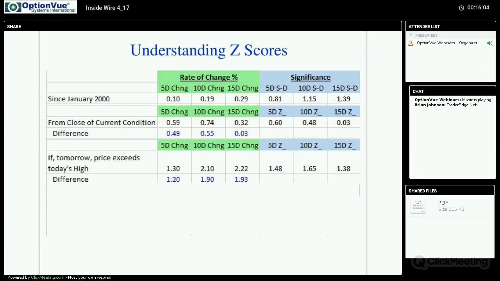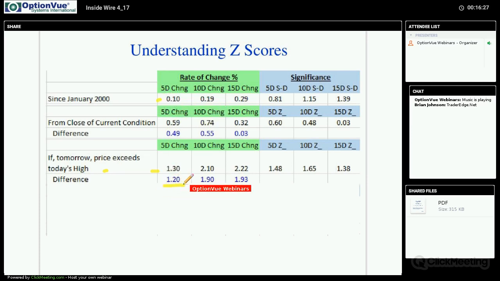Now let's take a look at these numbers. Look at this. This happens 6 times where price went above that day's high, that big bar we saw where price went up above the high of that bar the next day. The 5-day change then was 1.30 minus 0.1.